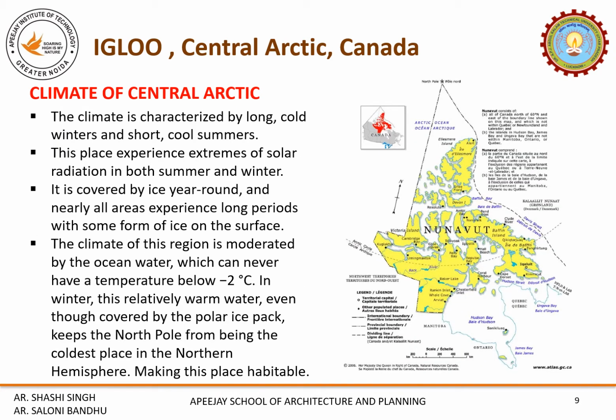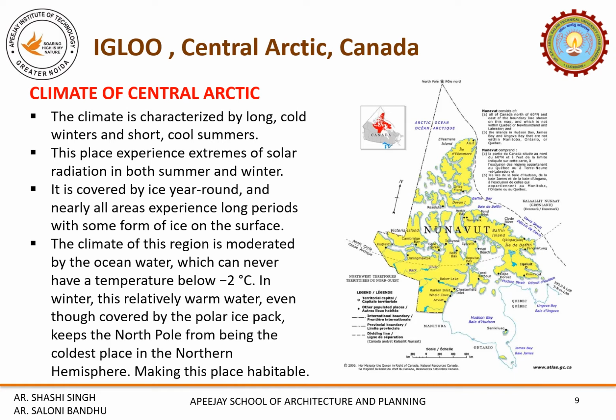The climate of the Central Arctic region is characterized by long winters and short cool summers. This place experiences extreme solar radiation in both summers and winters. It is covered by ice year-round, and nearly all areas experience long periods with some form of ice on the surface.